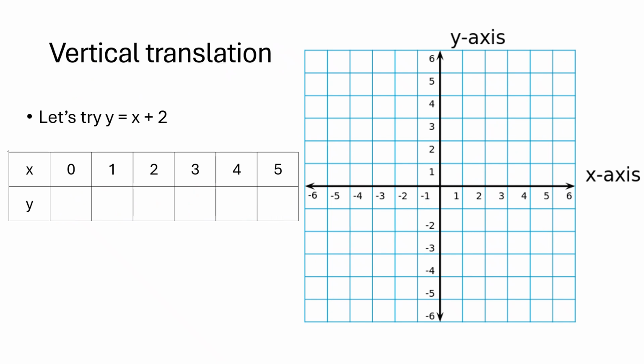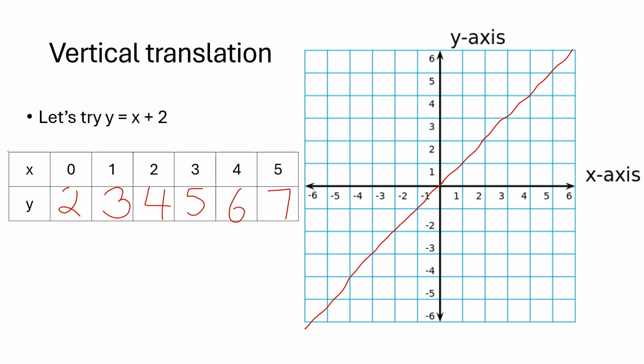So next, we look at changing our vertical translation. So I'll draw in our basic graph, y equals x. Now what we're going to do is that we're going to have y is equal to x plus 2. So if x is 0, y is 2. X is 1, y is 3, and so on.